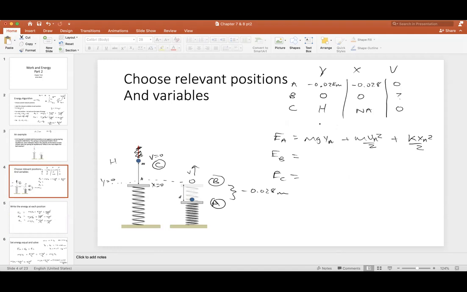The other thing that we're not going to get into too much is that it could also be in two different directions. Think about projectile motion. We could use energy to solve projectile motion and figure out what the energy is in the X when it starts and ends. Well, the energy in the X is just the kinetic energy, right?